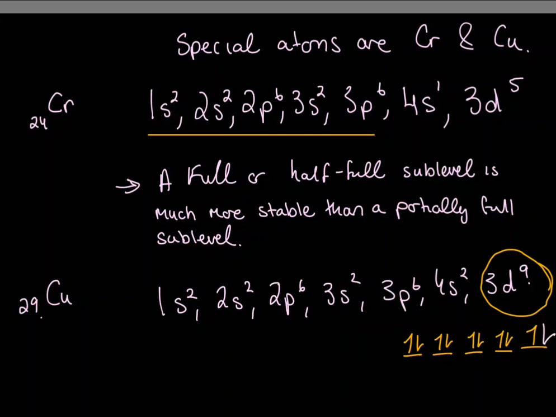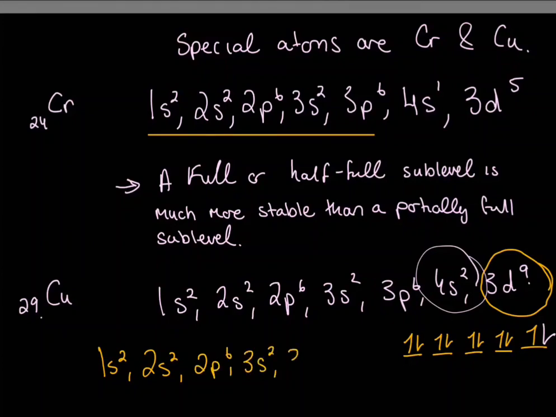So it's going to much rather have this 4s sublevel be half full, and for the 3d sublevel to be full, completely full. So the actual configuration looks like this: 1s2, 2s2, 2p6, 3s2, 3p6, 4s1, and 3d10.